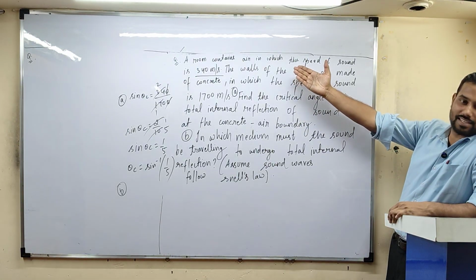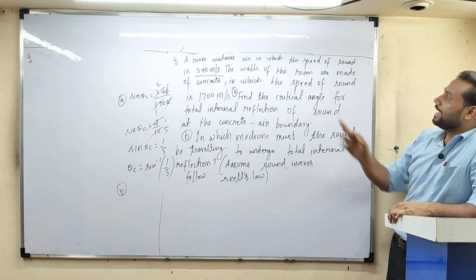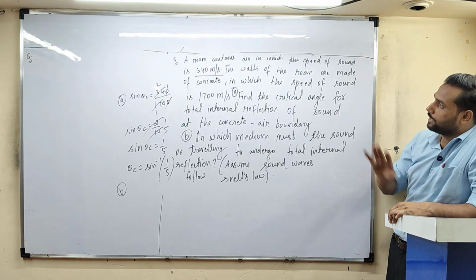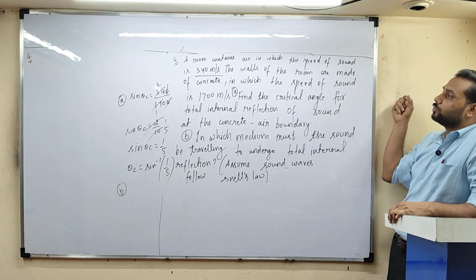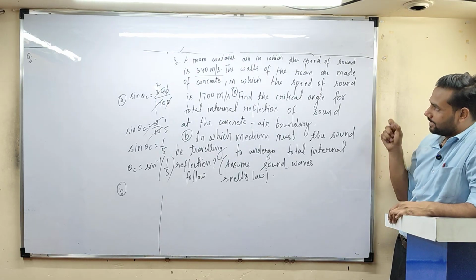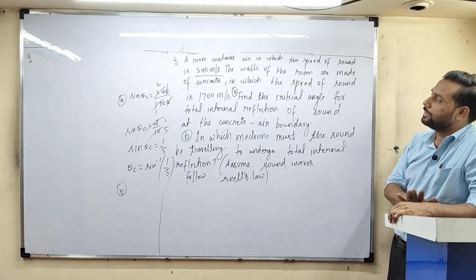In this one, a room contains air in which the speed of sound is 340 meter per second. Walls of the room are made of concrete in which the speed of sound is 1700 meter per second.